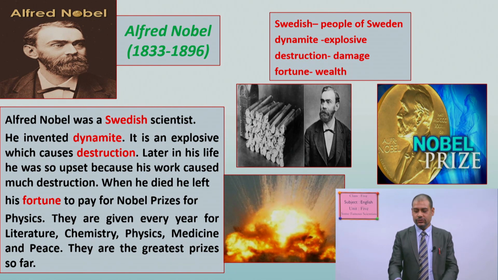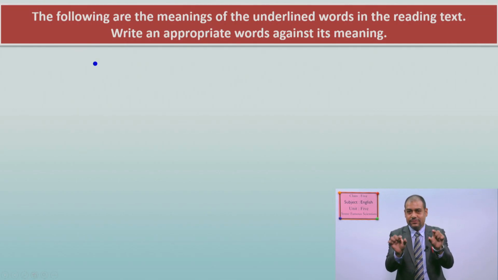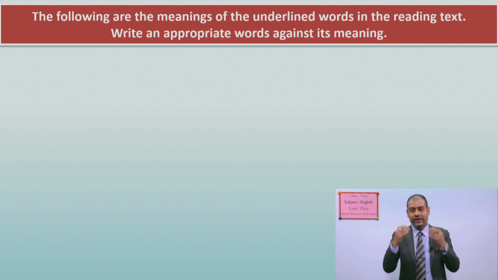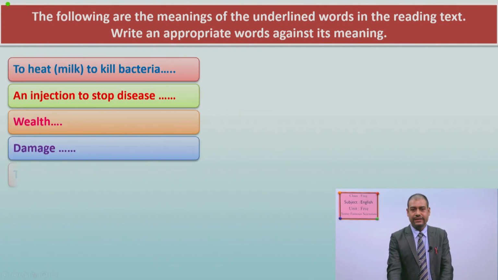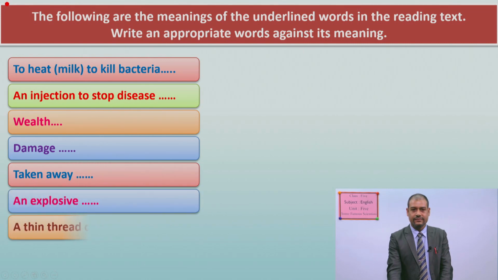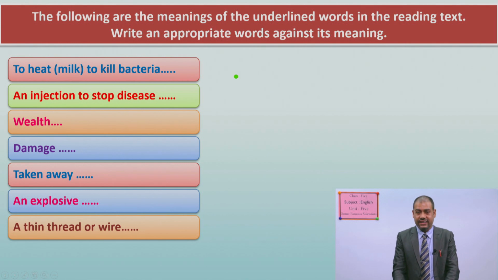Now we are going to do the exercises given in your textbook. I have highlighted some of the difficult words in the text, and you have to guess the meanings, okay? So the word meanings are, see, to heat milk to kill bacteria. What is the meaning? I have already explained to you. You just think, okay? Or you can write it down. Later on I will show you. An injection to stop disease. If you go to hospital, the doctor uses that injection or syringe, you know.